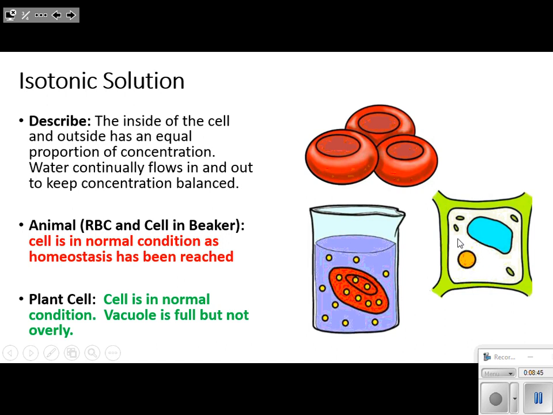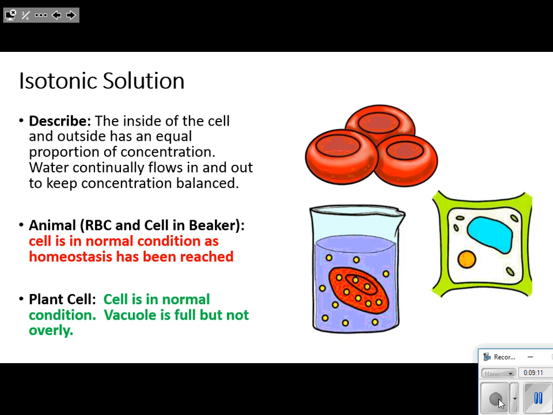No, it looks like our typical square, doesn't it? Therefore, that is the normal state for that particular plant cell. So go ahead and color these cells in too.